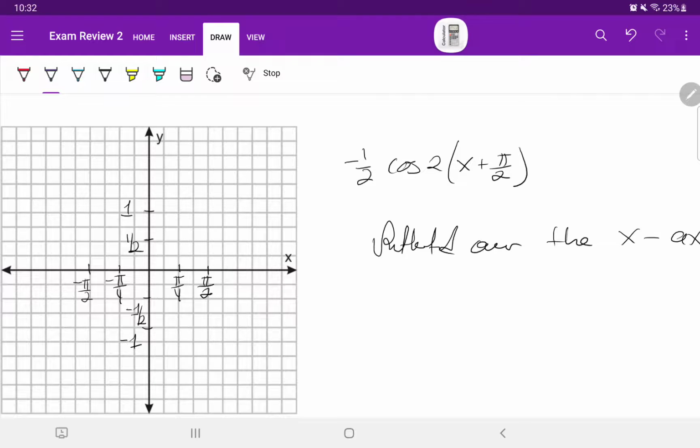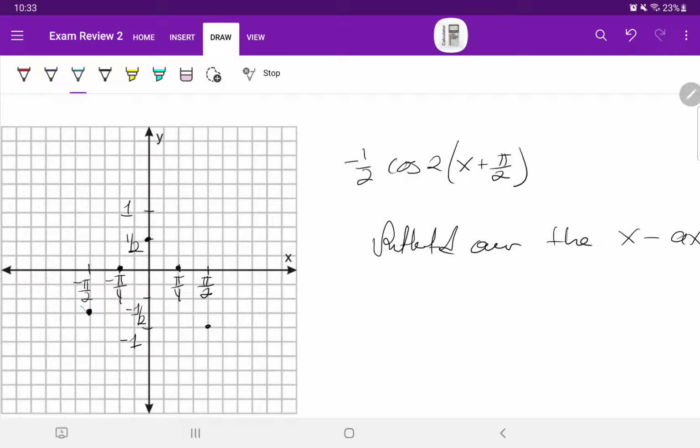Now remember, cosine starts at maximum, then it goes to 0, minimum, 0, maximum. Because it's reflected across the x-axis, it's going to start at the minimum, 0, maximum, 0, minimum.